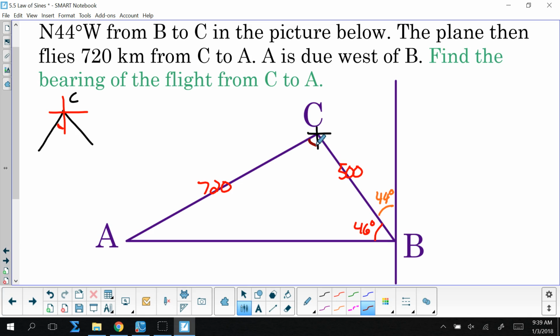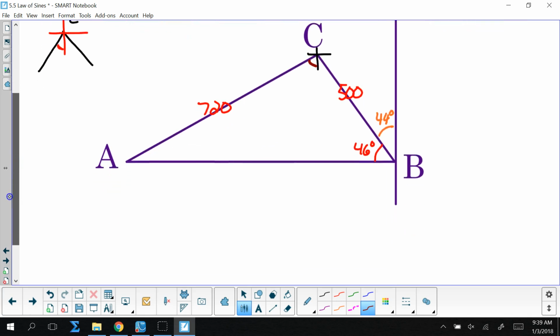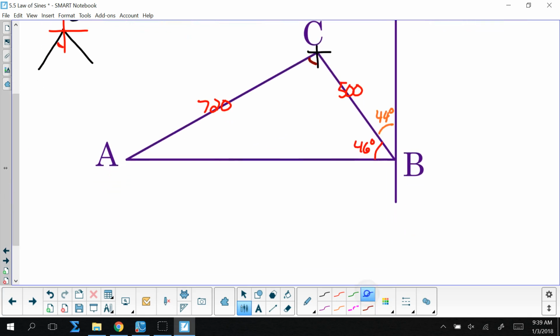You could find angle A. I can find angle A using the law of sines, right? All right, let's do that. Let's find angle A using the law of sines.